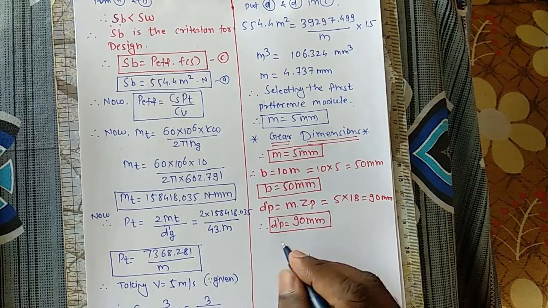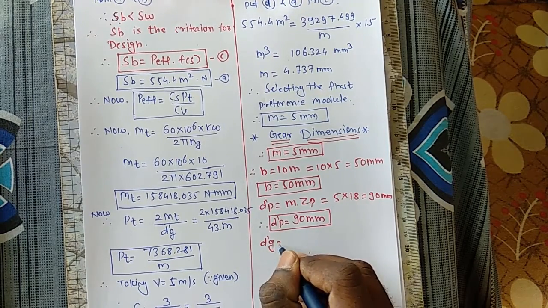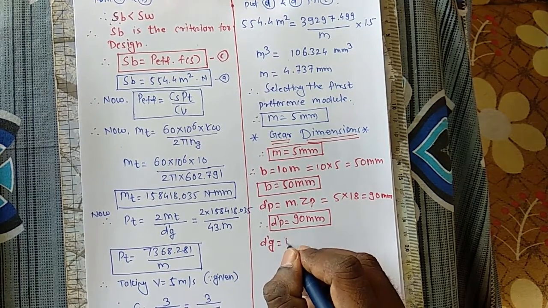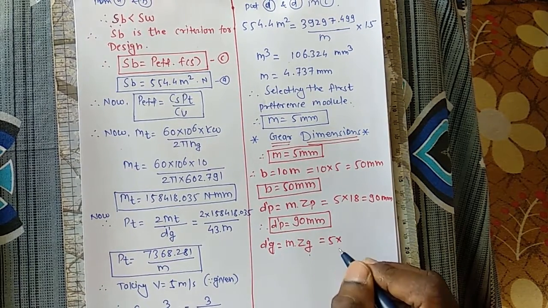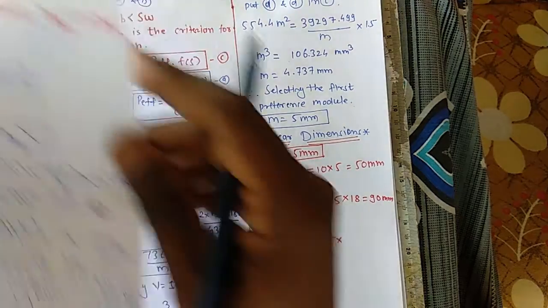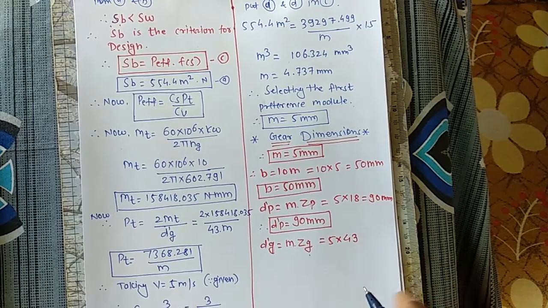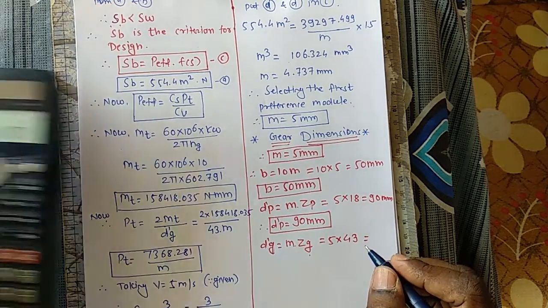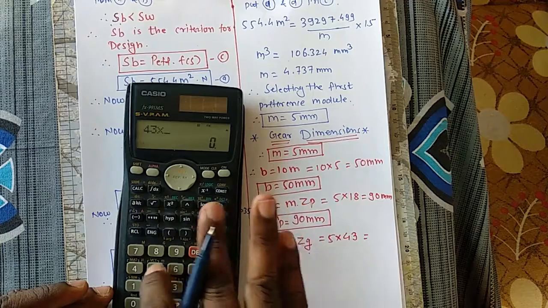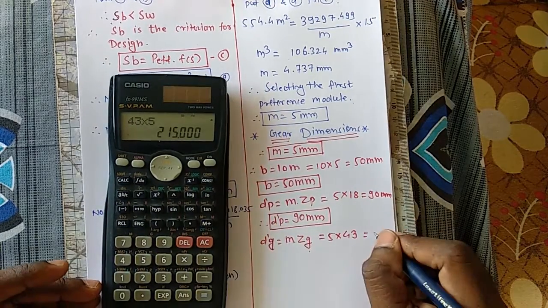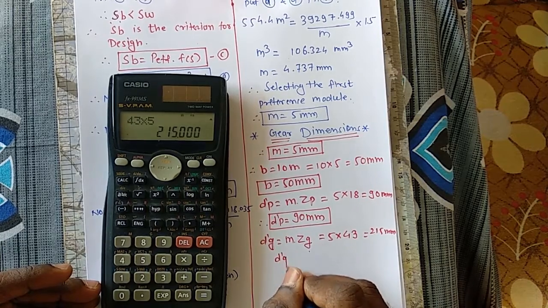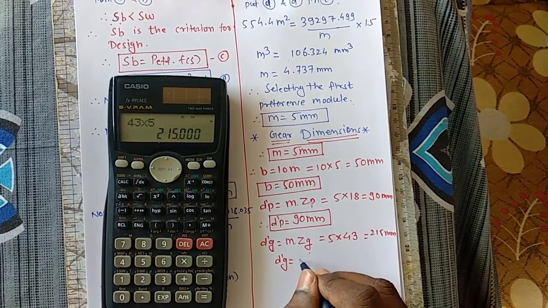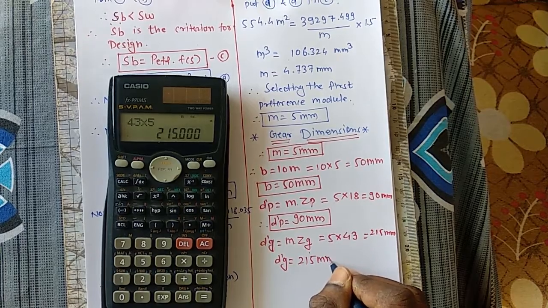Now we will calculate the pitch circle diameter of the gear, which is M into the number of teeth of the gear. The module is 5 and the number of teeth on the gear is 43. So 43 into 5 is 215 mm. So the pitch circle diameter of the gear is 215 mm.